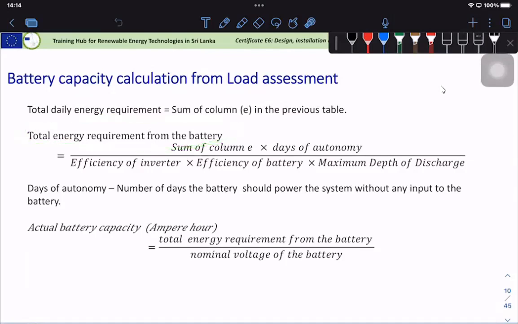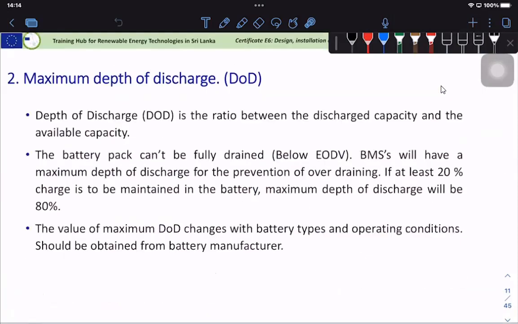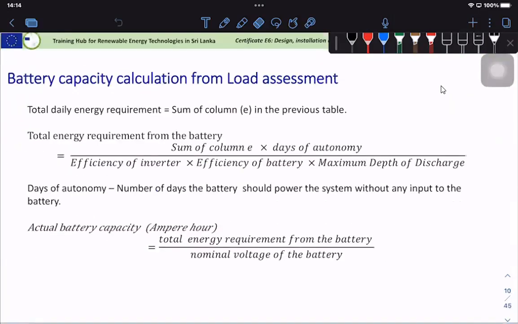Normally the maximum depth of discharge is high, right? 80%. If it is 70% instead of 80%, then the requirement will be increased.